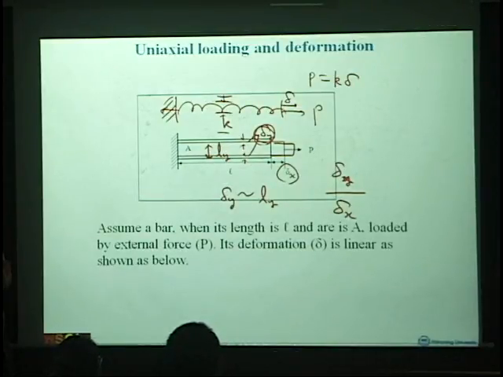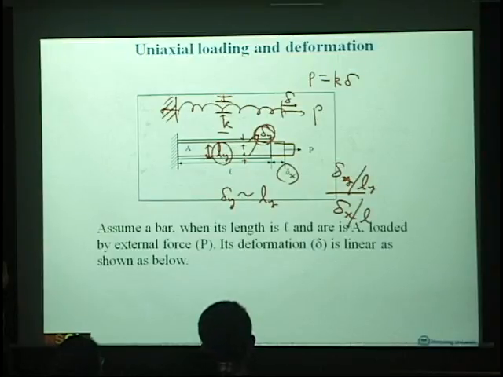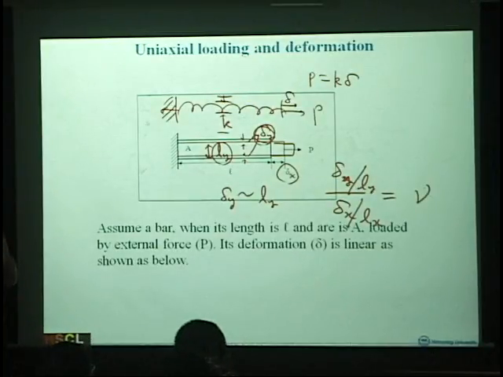And also delta y depends on the length Ly, so we have to use Ly, and for delta x we have to use Lx. This is the material property we call Poisson's ratio, mu.